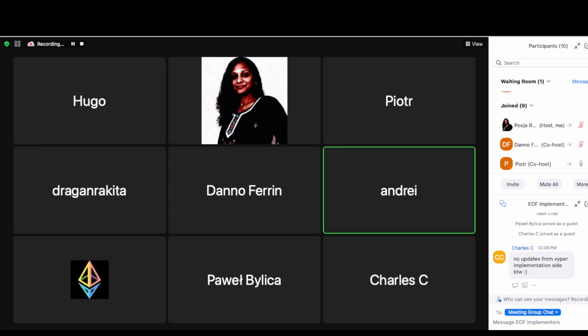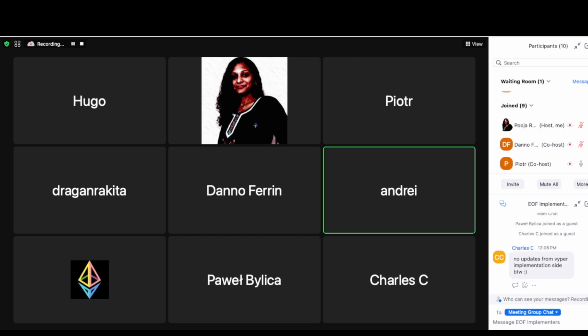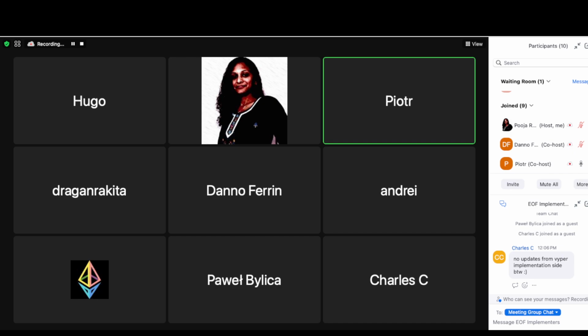For TX create, we are optimizing the interface between EVM and host now. But yeah, needs mostly reviews at this point, especially EOF create. By the interface, you mean EVMC, right? Yeah, I mean EVMC, yes. Okay, cool.